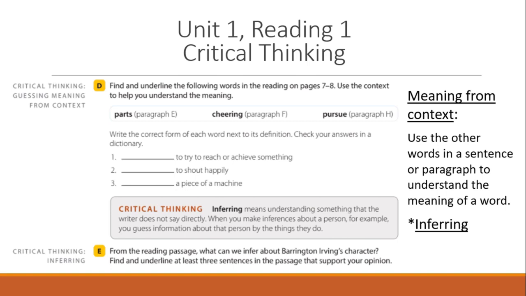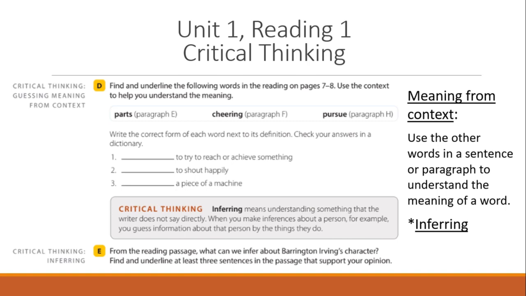Similarly, with the word cheering, we can have the word cheer and we can have the word cheering. These are 2 different forms. And pursue, right? To pursue, this is a verb. We could change the form to pursues or perhaps pursuing. So these are different forms. Make sure you try to find the correct form for each word.